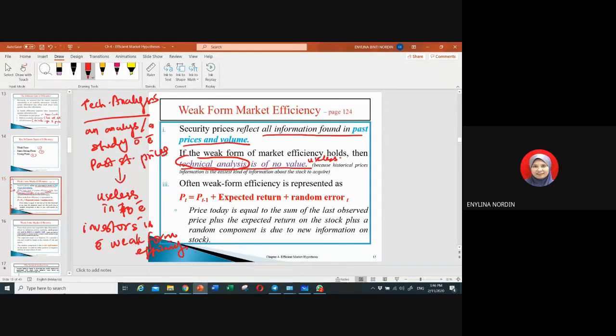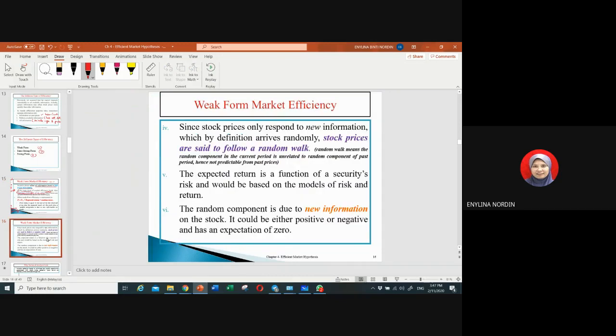So that's why I mentioned just now, technical analysis is useless to the investors in the weak form efficiency. Why is that? Because all information found in the past stock prices is already absorbed into the share price. Okay, so bear in your mind. Now we go to the next slide.